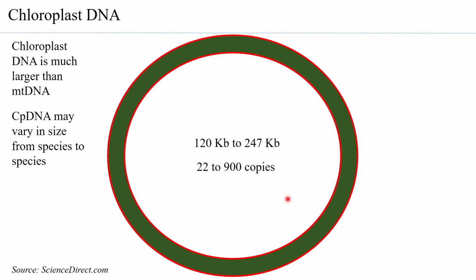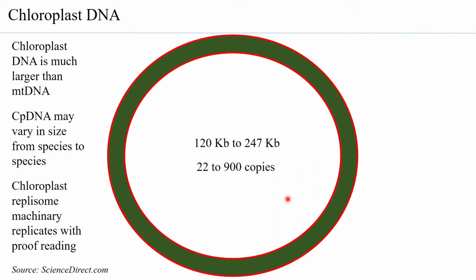So depending on what the plant or the algae is undergoing, the number of copies of the chloroplast DNA alters. Therefore, it is understood to be a need-based replication, and the chloroplast replisome machinery has been observed to replicate, including with proofreading.